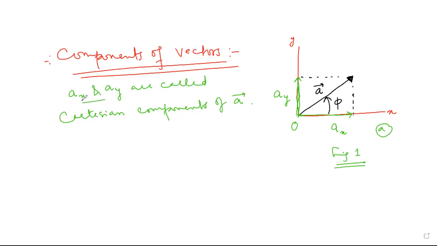So these two quantities, AX and AY, are called Cartesian components of vector A.